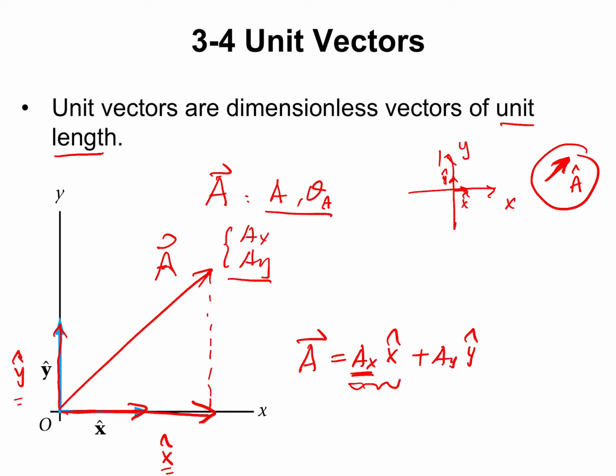You see, the real length here is ax, and then you give it a direction. And the real length here is ay, and that gives you a direction here.